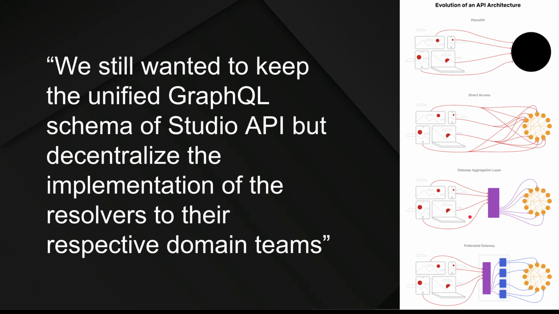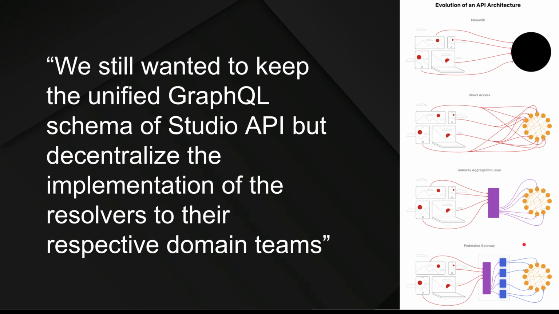And with a federated gateway, these blue things over here are actually just resolvers. Technically they've shown it as part of the gateway over here, but you don't need to do that. I would actually draw this out so that these resolvers are either a layer before these microservices or a part of the microservice themselves.